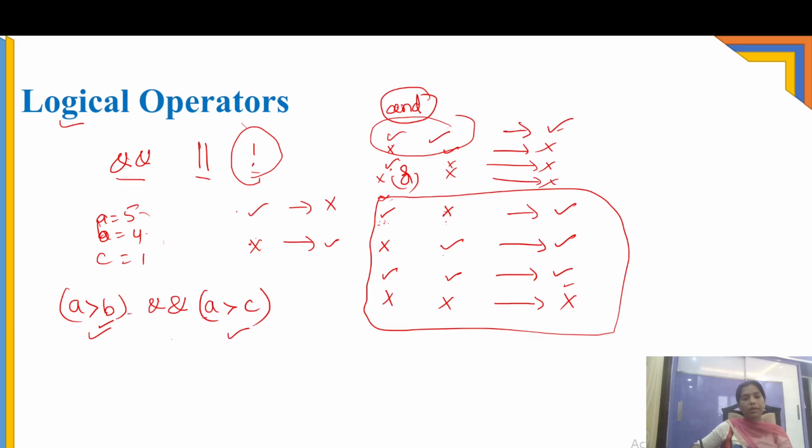If both these statements are true, then only the output will be true, and then only this if condition will be executed. So the largest of these three numbers is A. You can connect with the program, largest of three numbers. If one number is greater than the other two numbers, both should be true. That's why we use the logical AND operator.